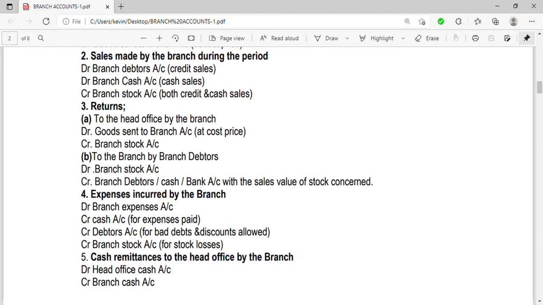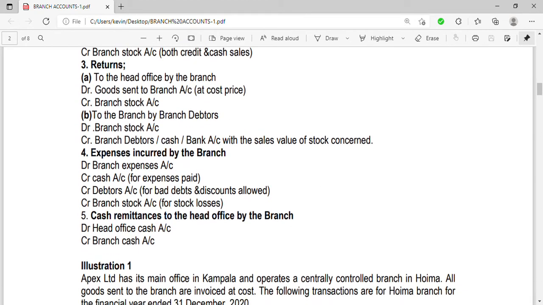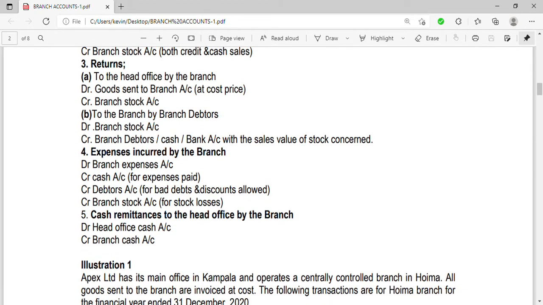Then third, in case of returns. Option A is in case of returns to the head office by the branch, when goods are returned to the head office by the branch. First, we debit the goods sent to branch account at cost price, because goods sent are reducing.